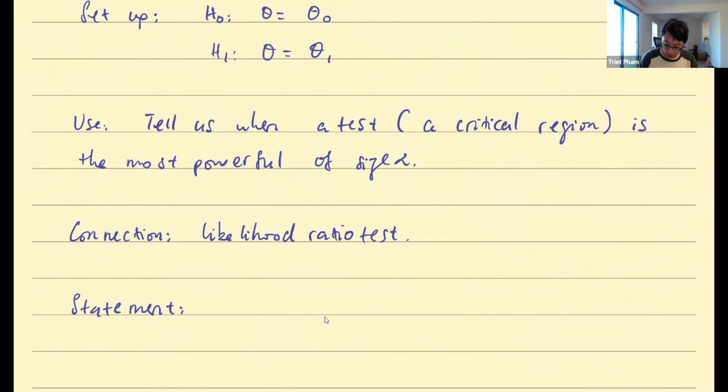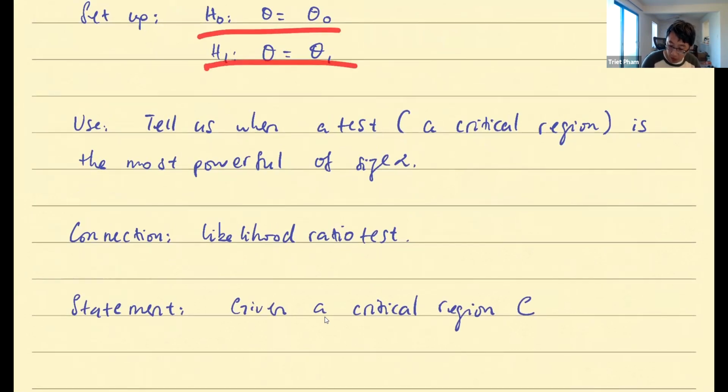So the statement is this. Given a critical region C, notice that in Neyman-Pearson we assume that the hypotheses are already given and fixed.